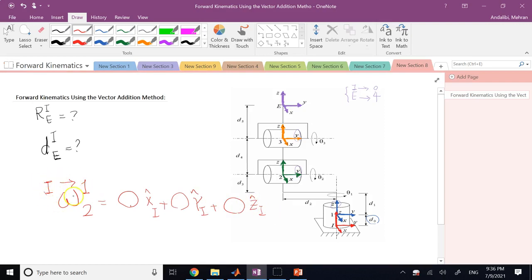You're writing it along the axis of the inertial frame, okay?